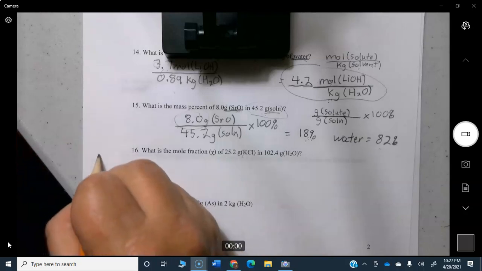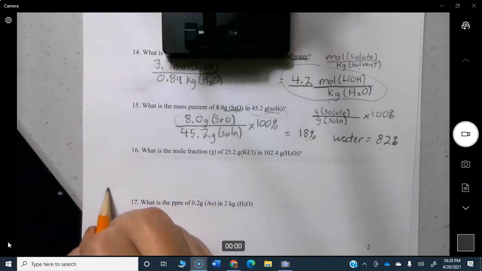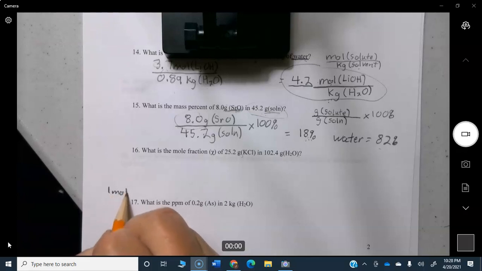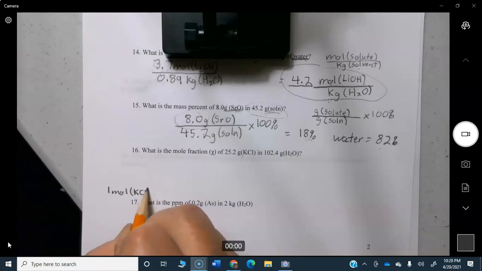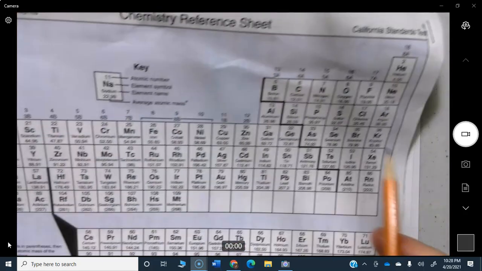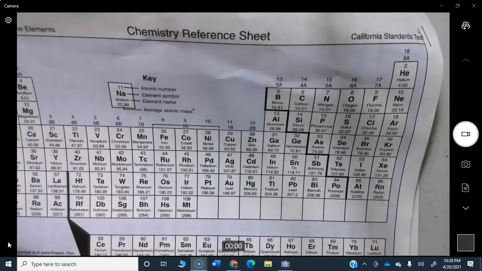So let's start with the molar masses down here. 1 mole of KCl, potassium chloride, equals, okay, we got to go to our periodic table. So potassium 39.1, chlorine 35.45.